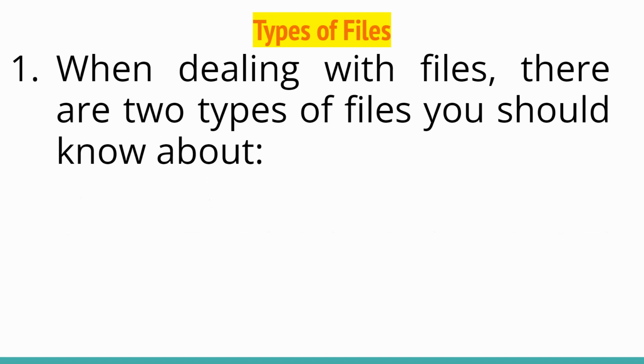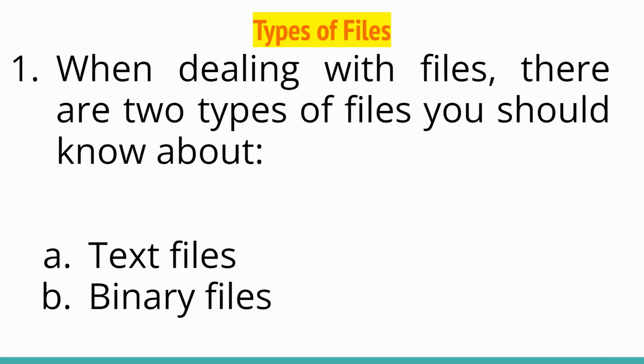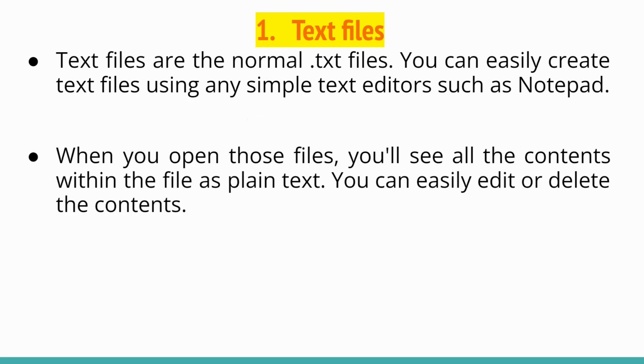Next, let us learn about types of file. When dealing with system files, there are primarily two types of files you should know about. The first one is text files and the second one is binary files. Let us understand each of them. Coming to text files, they are the normal .txt files. These files can be easily created using text editors such as Notepad. In every system, we have an application such as Notepad or Microsoft Word through which you can create text files.